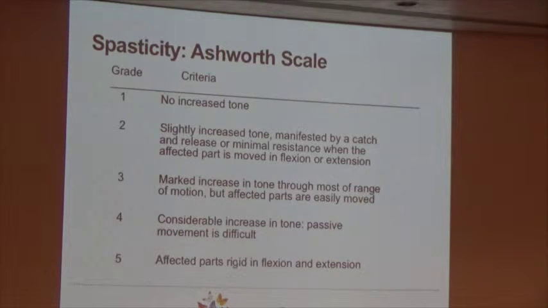We do this by creating different scales, including the Ashworth scale, which grades spasticity from 1 through 5, up to rigid in flexion and extension. This is important because you begin to grade your improvements in spasticity by using this type of scale.